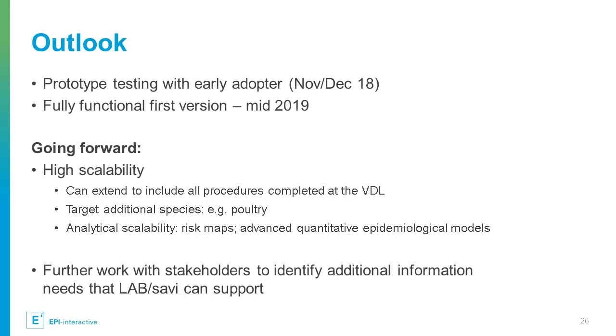Going beyond that, we want to include more procedures, and potentially also other species, for instance poultry, and also extend the analytical capability into, for instance, risk maps or advanced quantitative epidemiology models. We actively work with stakeholders to make sure the system is fit for purpose and easy to use.